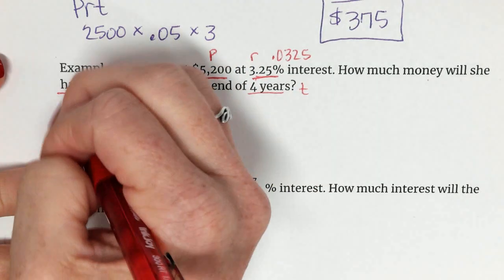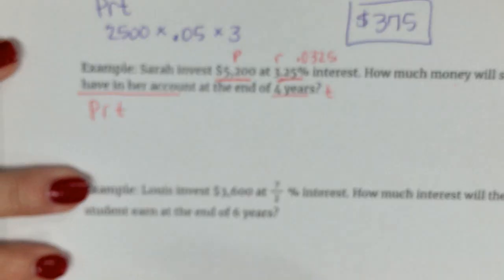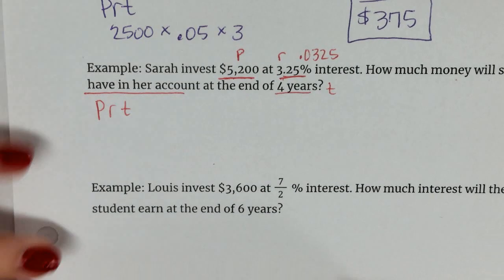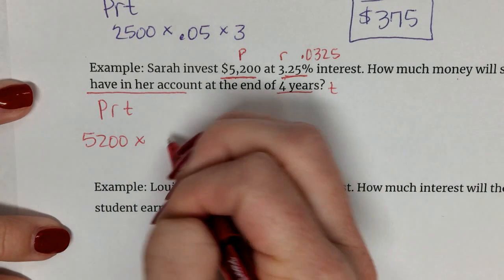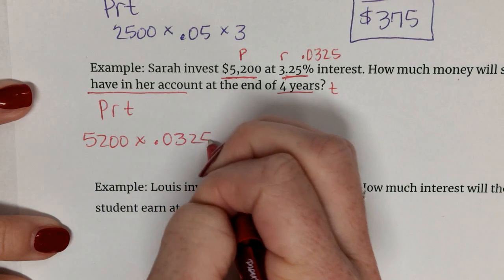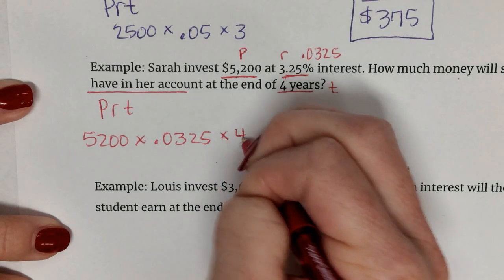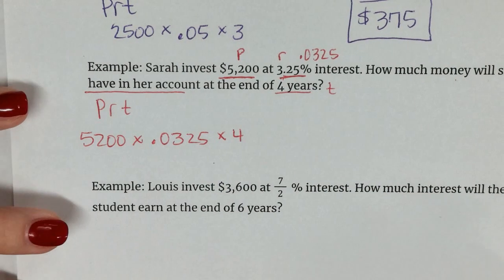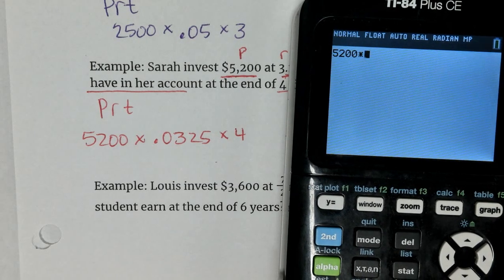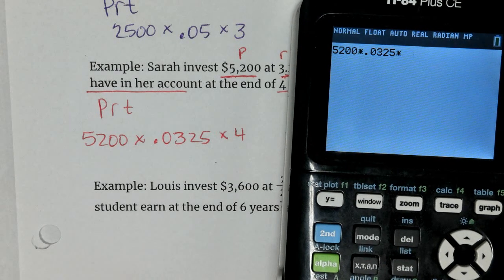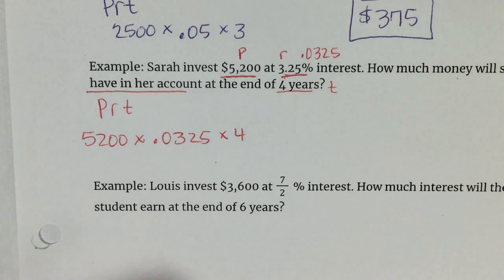So I need to do PRT. That's the formula. So I'm going to do 5,200 times 0.0325 times 4. $676.